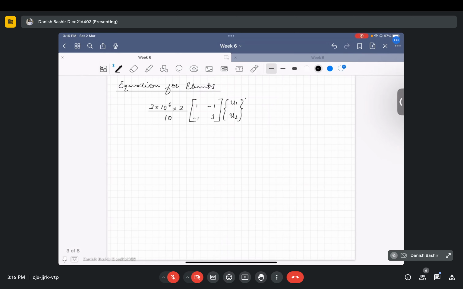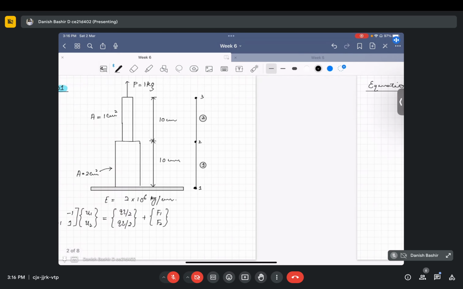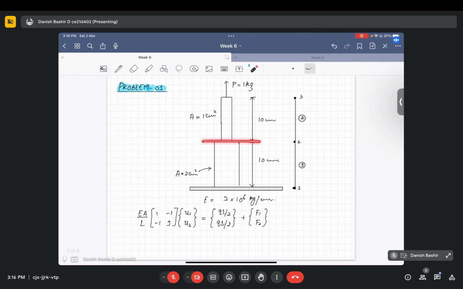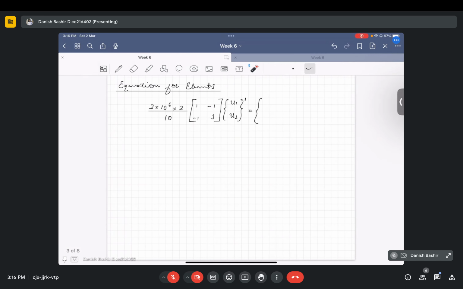That's why I'm writing the superscript 1 here. If you carefully look at this element, you can see that there is no force acting here, no nodal force. So there is zero nodal force here as well. So I can write it to be equal to 0, 0 for element 1. This is equation 1.